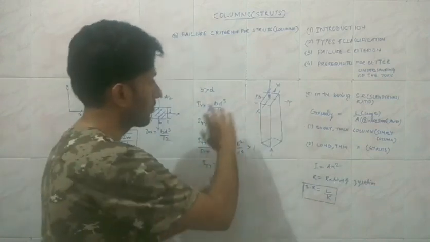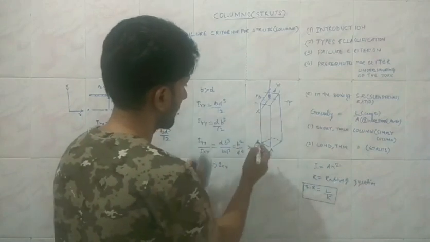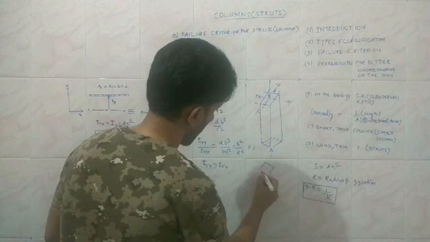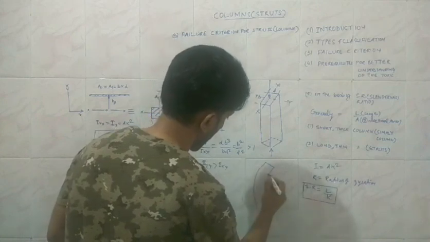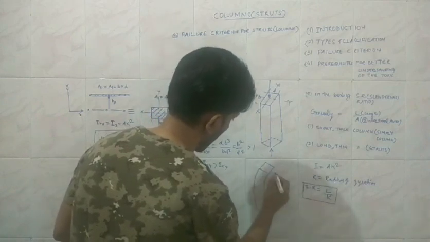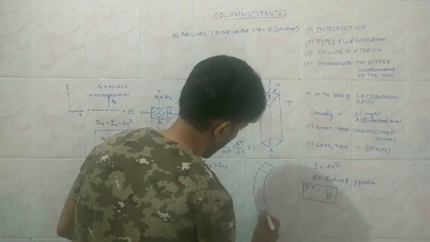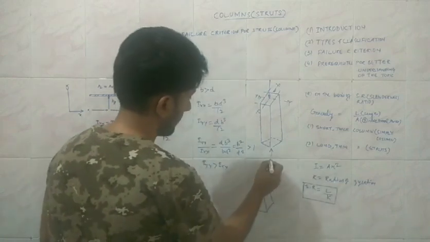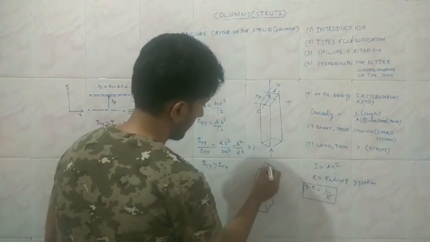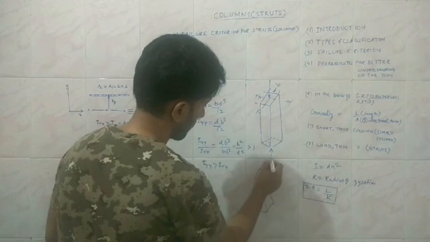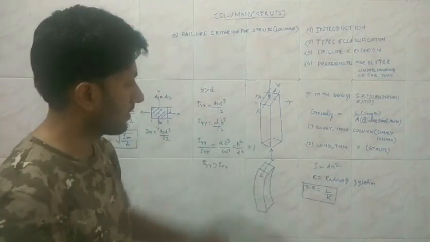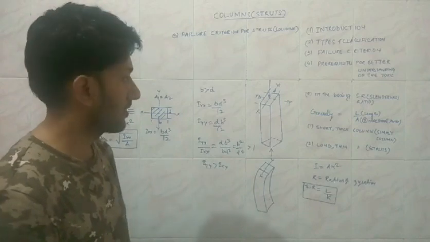So in this case it is going to bend about your x axis, means it is going to bend like this. That is, this cross section area is going to rotate about your x-axis. It is going to have a rotational tendency with respect to the initial condition about the x-axis.